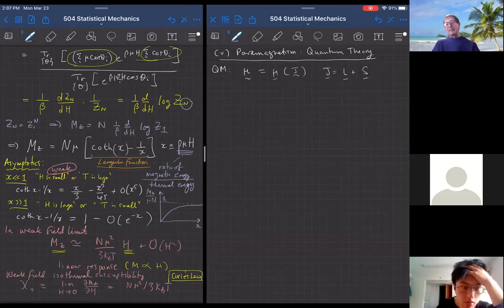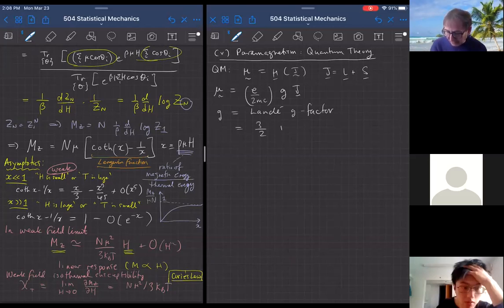The formula is e over 2mc, in CGS units, times g, a factor that comes from adding up angular momenta geometrically. This is known as the Landé factor, and I'm just going to write down its formula without proving it.